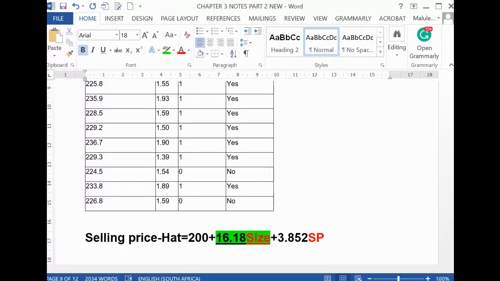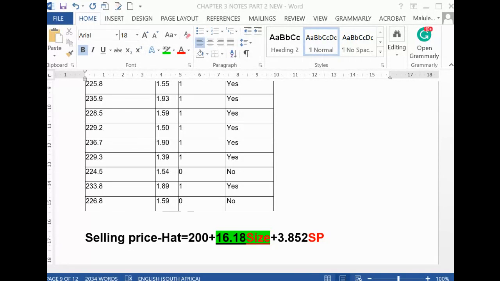It's fine. Let me come in. When you want to interpret the size, you hold constant what? Holding constant the effect of if the house is having a swimming pool or not. If the swimming pool part is held constant, what will happen to the selling price of the house?